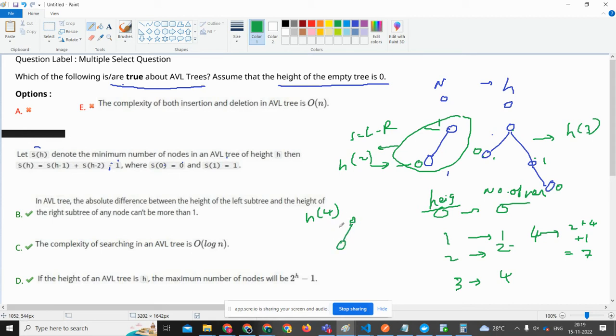On the left you draw the tree, and you draw a similar tree on the right, then just add one more point. Now on the left hand side you have H of 2 and this is H of 3, and this is going to be +1. Got it? That is why the formula comes like that: H of h minus 2, H of h minus 1, and +1. Hope that is clear.